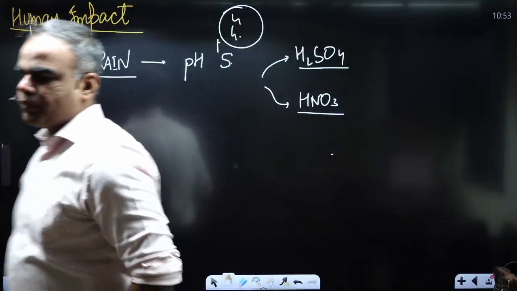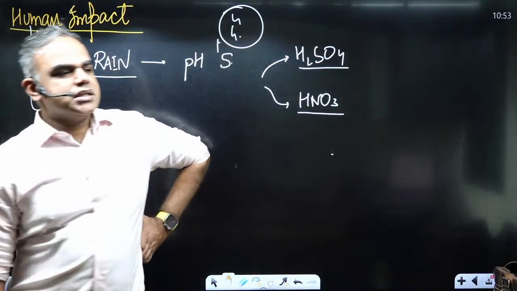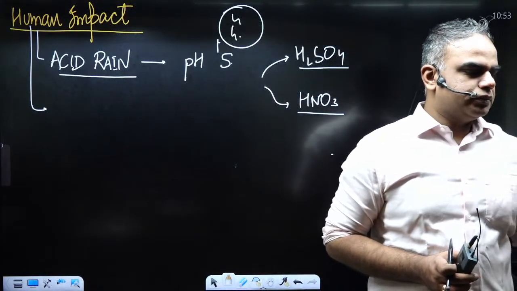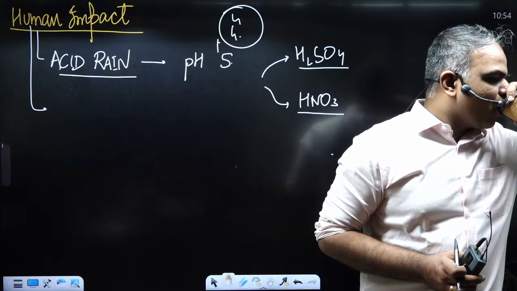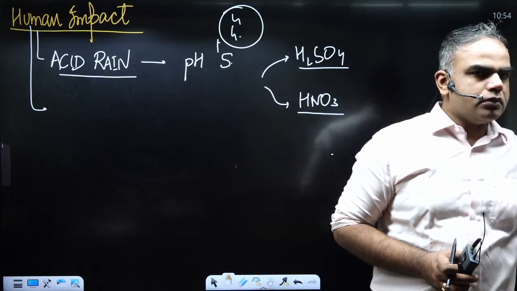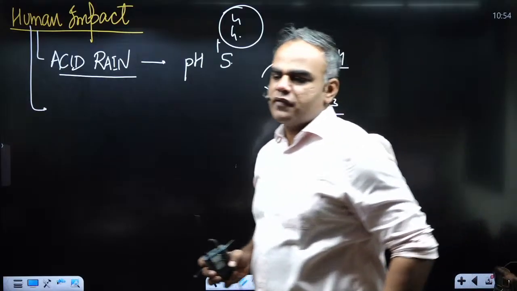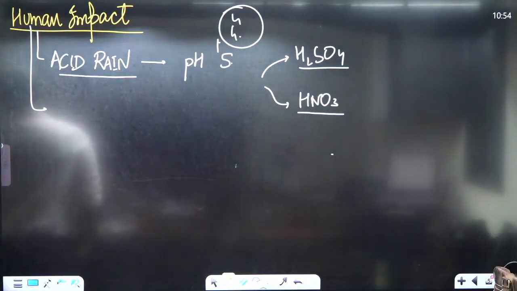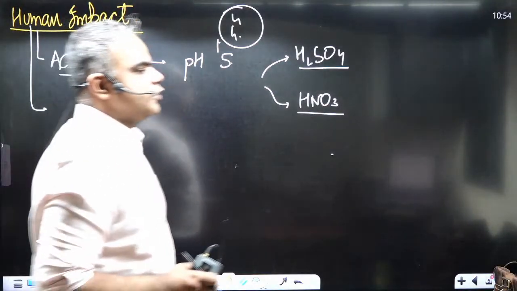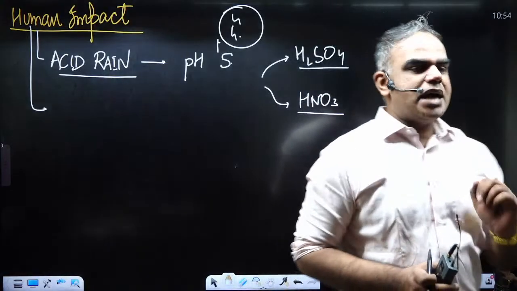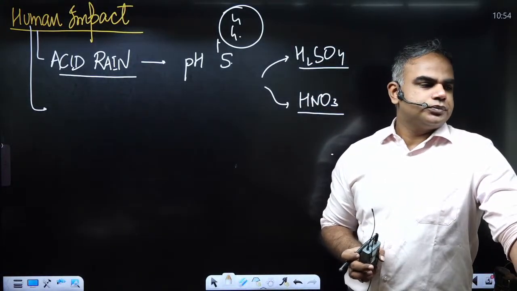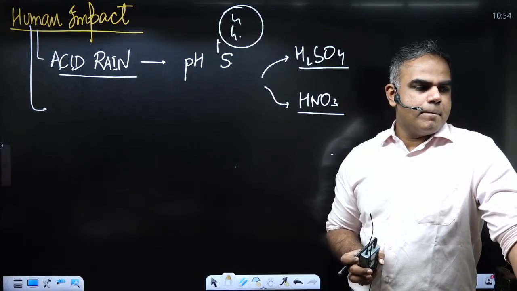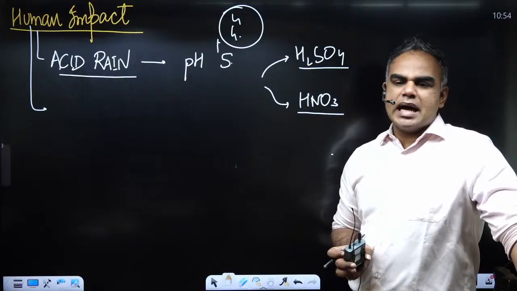SO2 and nitrogen oxides combine with water vapor to form sulfuric acid and nitric acid, causing acid rain.